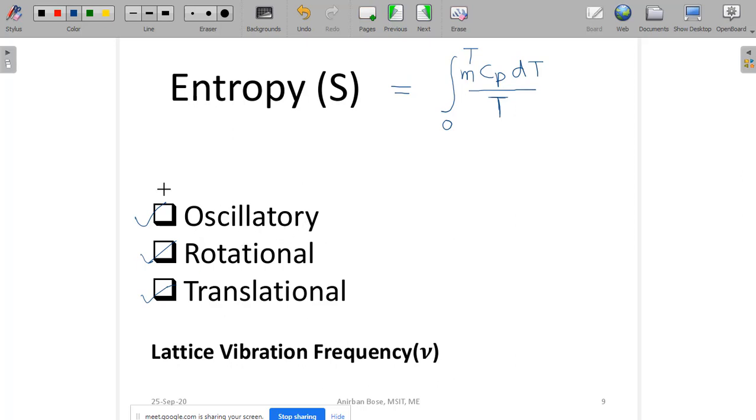And remember, in case of solids, specifically crystalline solids, to be very specific, maybe in non-crystalline also, the oscillatory motion is present. In solids, either crystalline or non-crystalline, this is the only way by which the thermal energy is stored within the material. So in case of solids, it is only the oscillatory motion.